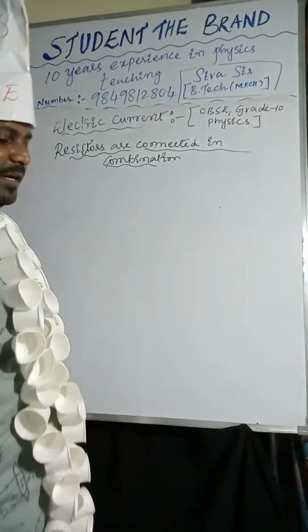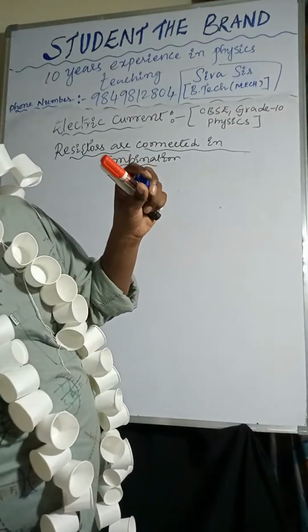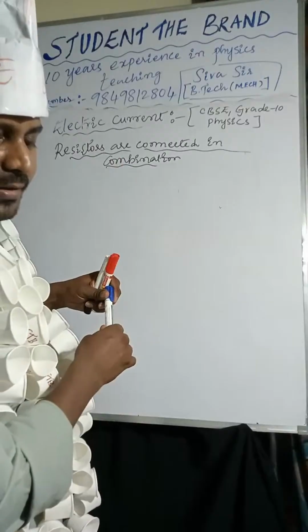Coming to the parallel combination. Now we'll see how resistors are connected in parallel combination.